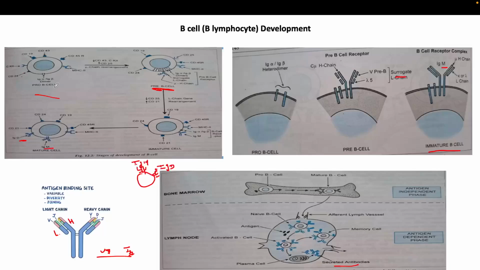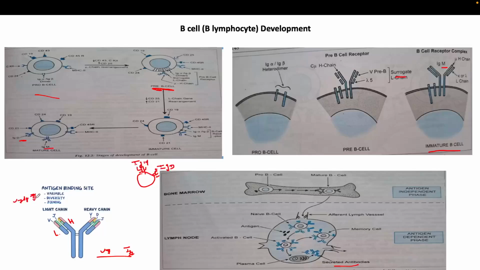After a certain time, after getting the signal for pro B cell to pre B cell conversion, the heavy chain rearrangement will take place. In the heavy chain rearrangement, this VDJ recombination will take place, meaning which kind of combination should be there. It can be like V7 D8 J8, like that.